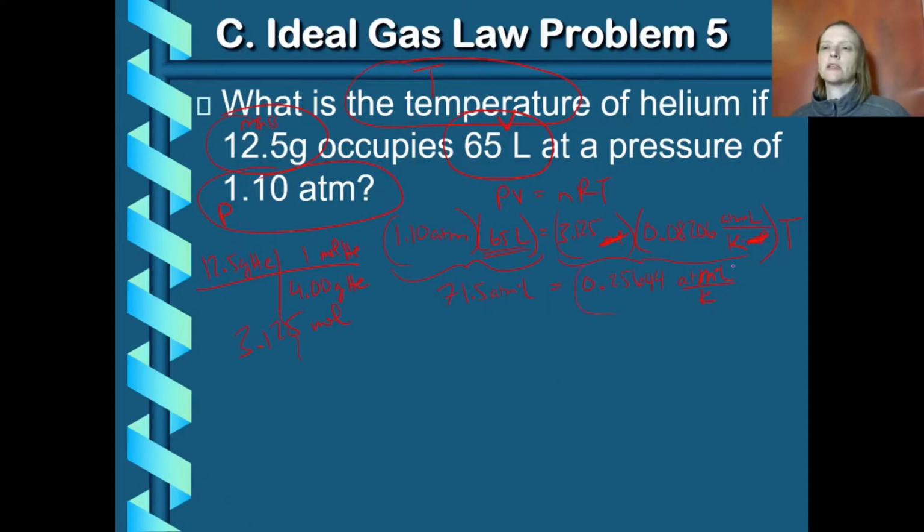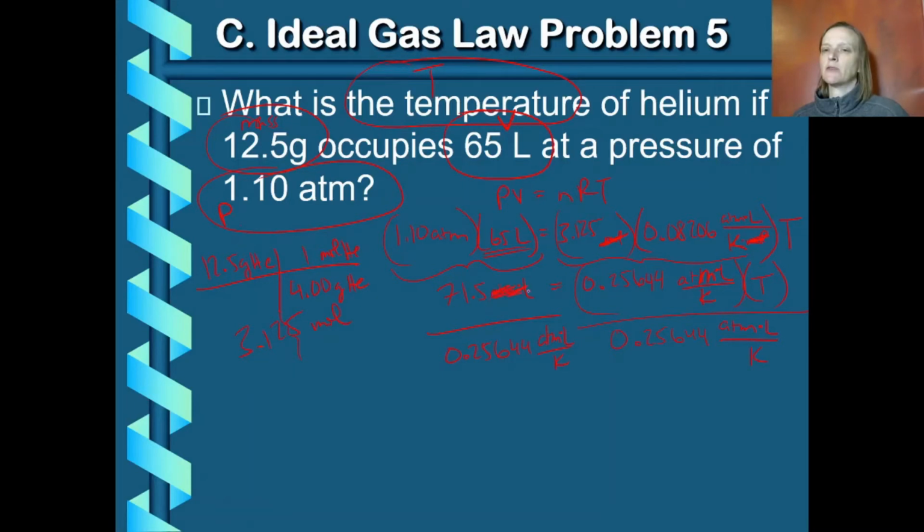Of course, I still have my temperature value here, and I want to get rid of this number so that I have the temperature all by itself. Because the temperature is being multiplied by that number, I have to do the opposite. I have to divide it away. 0.25644. Do the same thing to both sides of the equation so that the sides stay equal.